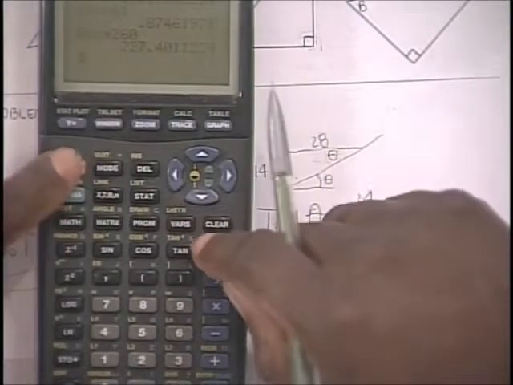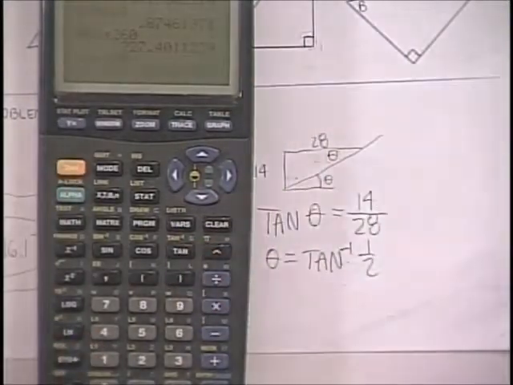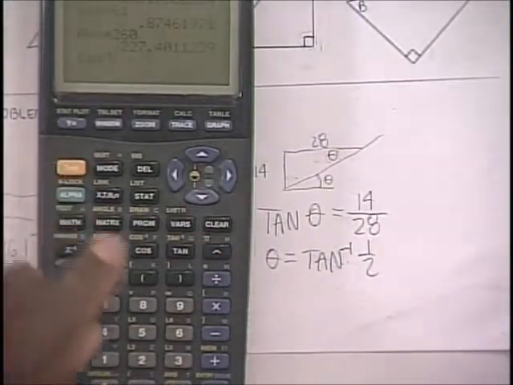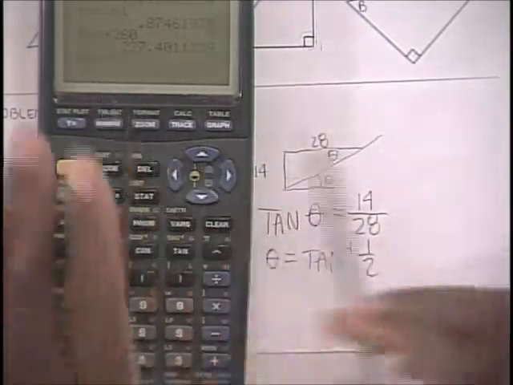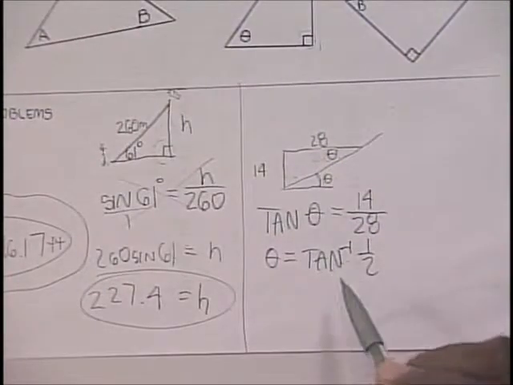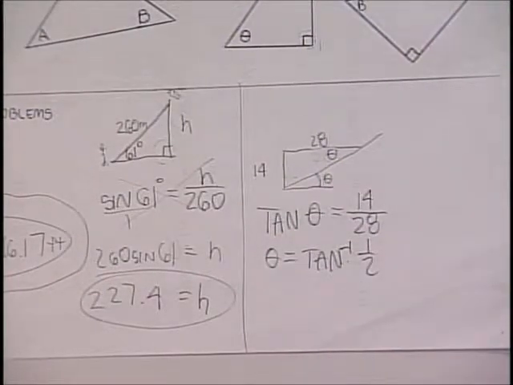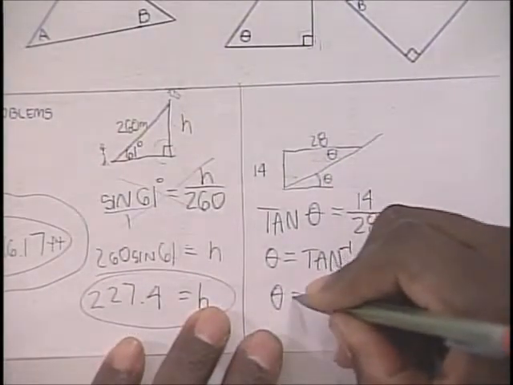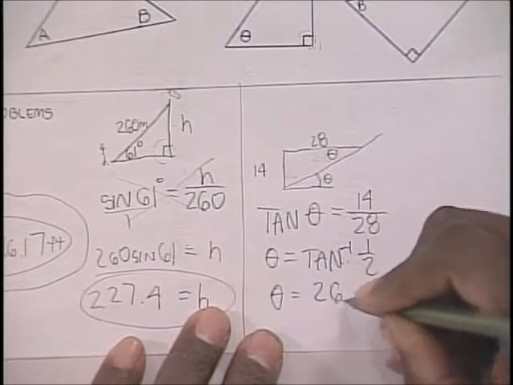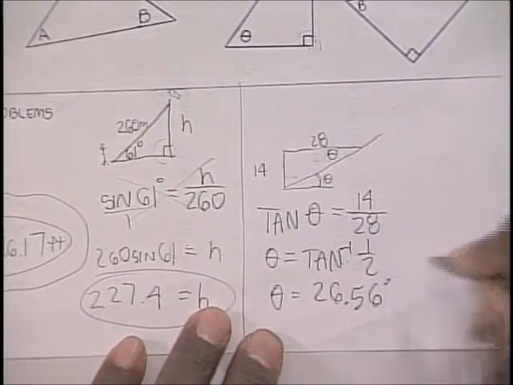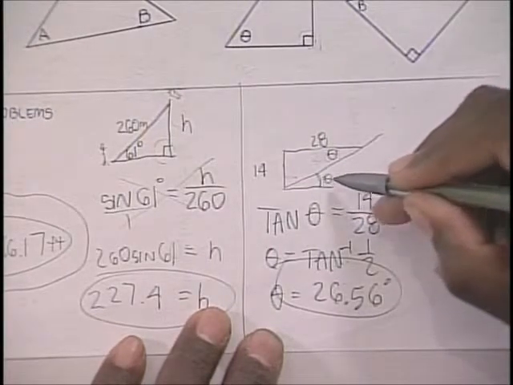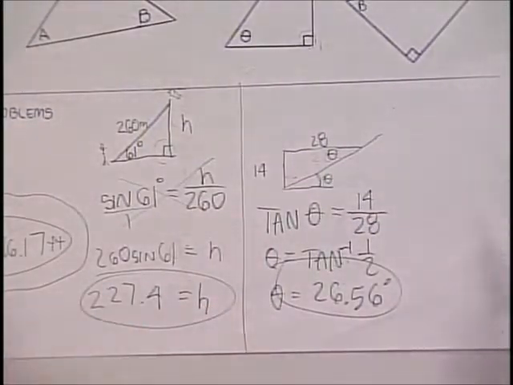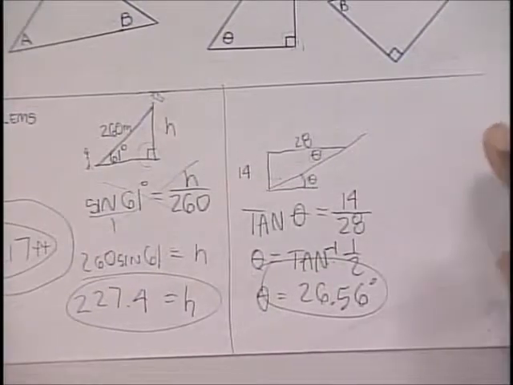I'm going to go second tangent. I hit the second key on the tangent, and I don't know if you can see it, but that says tangent to the -1. Tangent to the -1 of 0.5, you put that in the calculator, and you get theta is equal to 26.56 degrees. So this angle is 26.56 degrees.